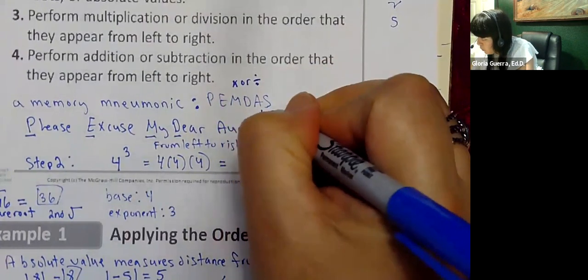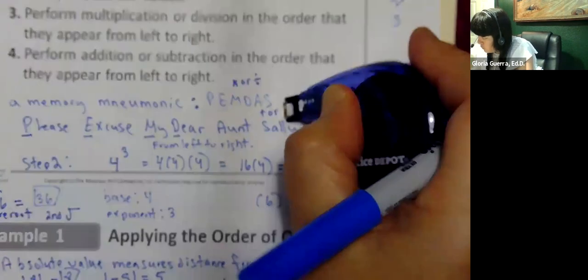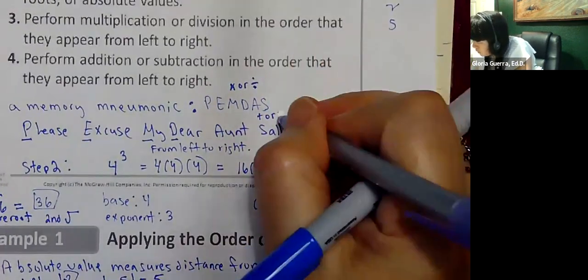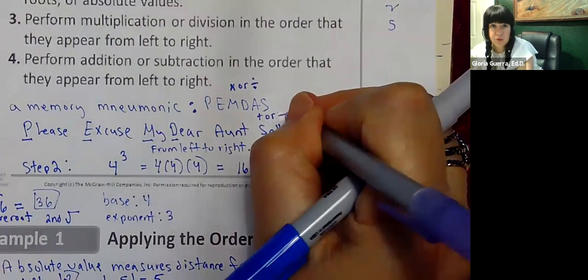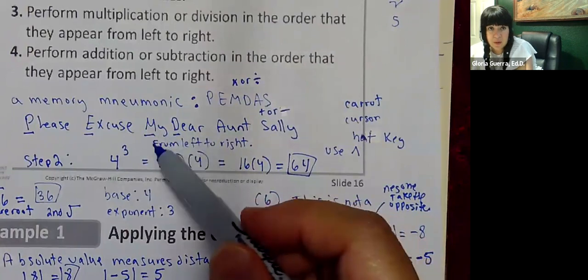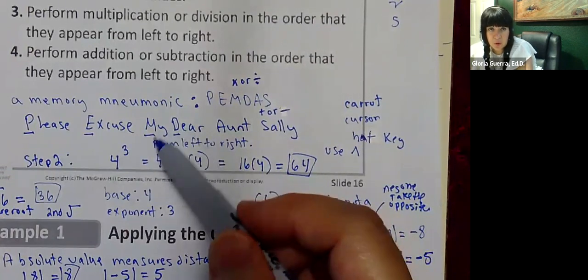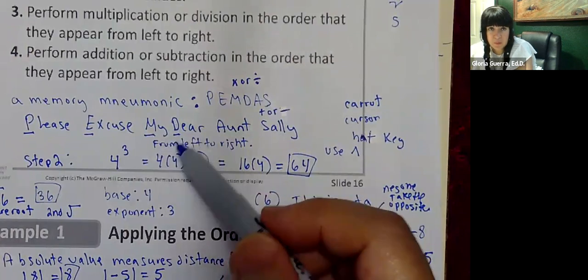It's adding or subtracting. So it's whichever operation comes first. So first you've got to exhaust all the multiplying, all the dividing, whichever comes first in that problem, you do that first.